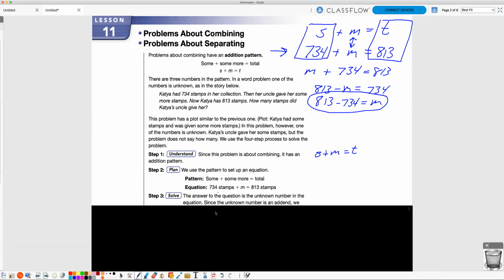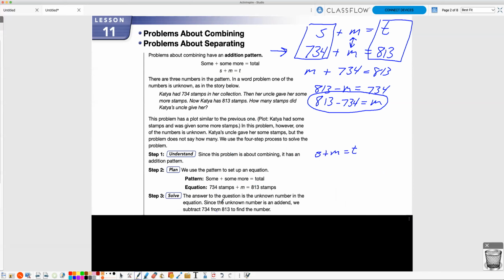Step 3, to answer the equation. The answer to the equation is the unknown number in the equation. Since the unknown number is the addend, we have to subtract 734 from 813. So this was step 3 right here. We understood that it was an addition pattern.